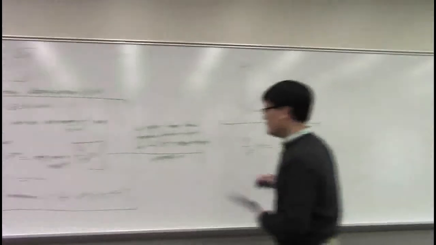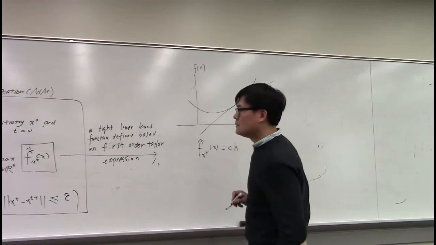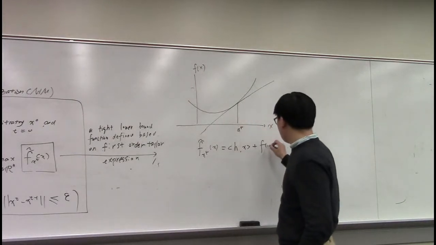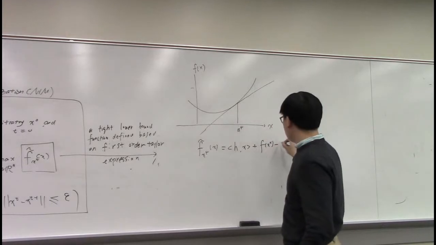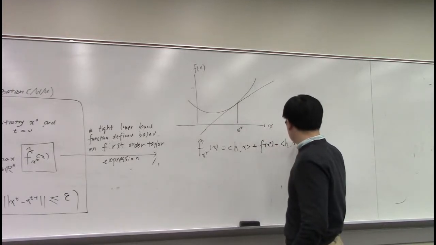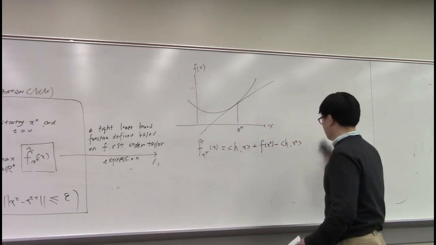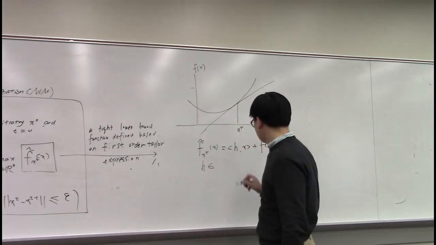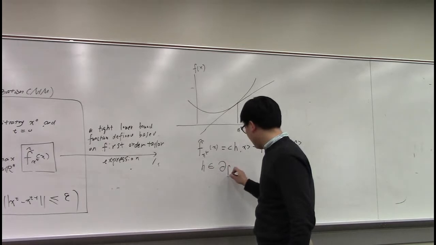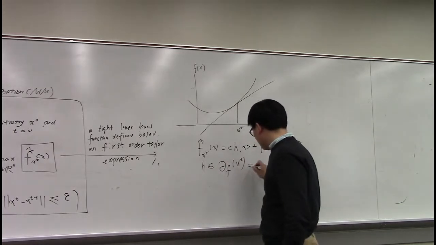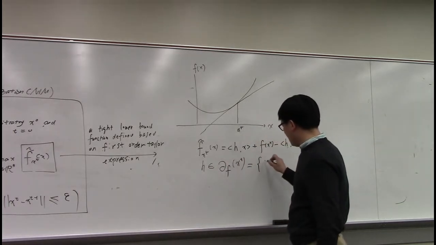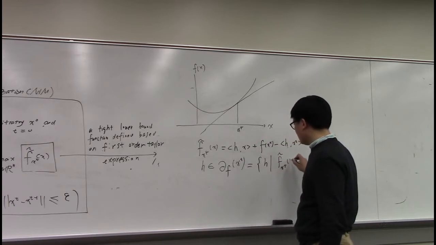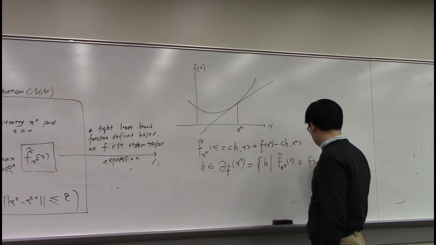So basically it's h·x plus f(x_t) minus h·x_t, where h belongs to the set of vectors such that this is a lower bound of f at x_t.